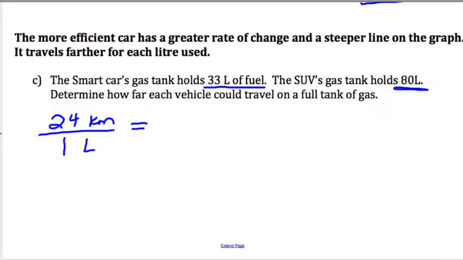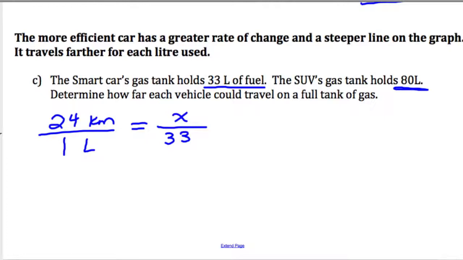I'm going to use a ratio. I'm going to set it up as: if it travels 24 kilometers on 1 liter, how far would it travel on 33 liters? This is a good ratio question, kind of a review. If it's 24 and 1, I use an X because I don't know how many kilometers it would go with 33 liters.